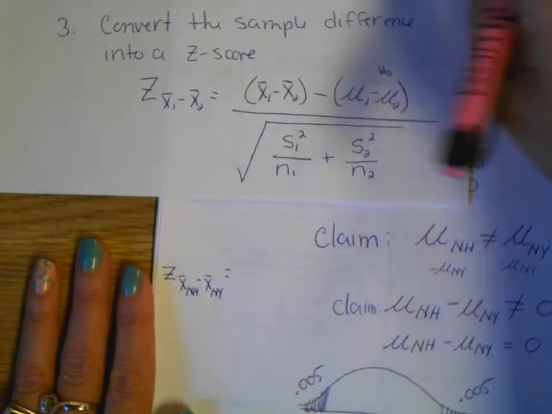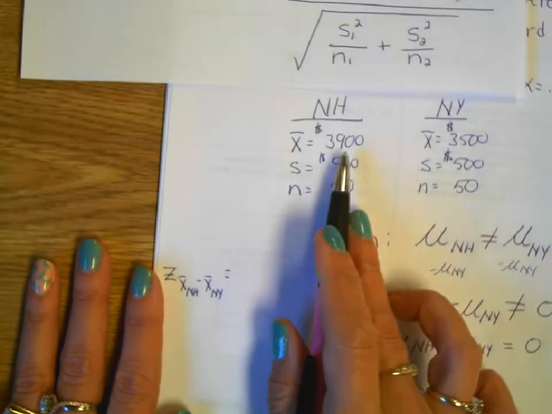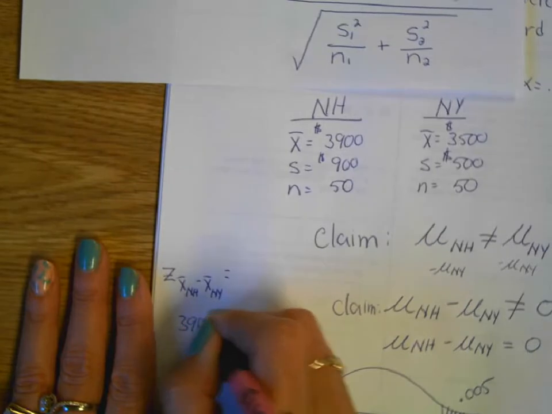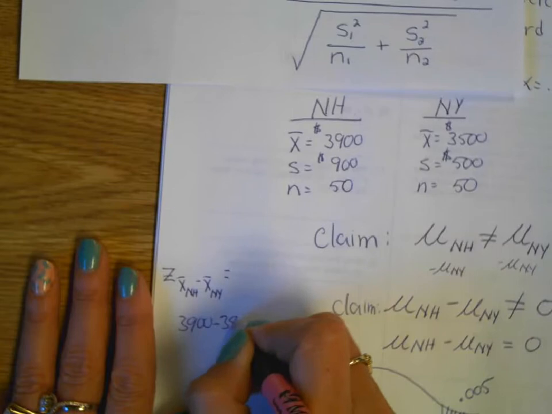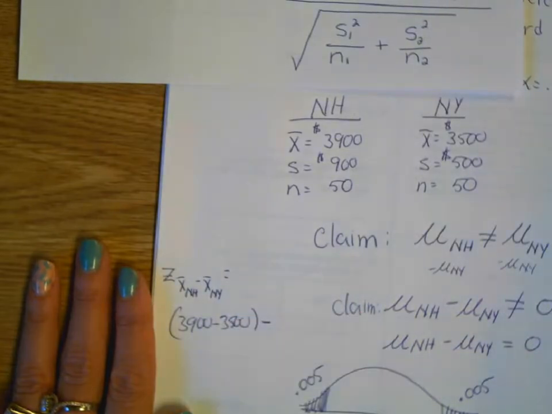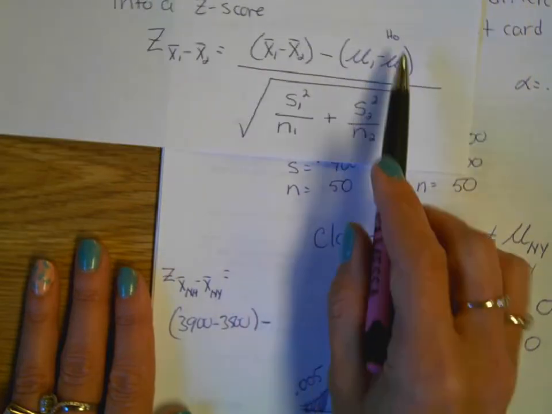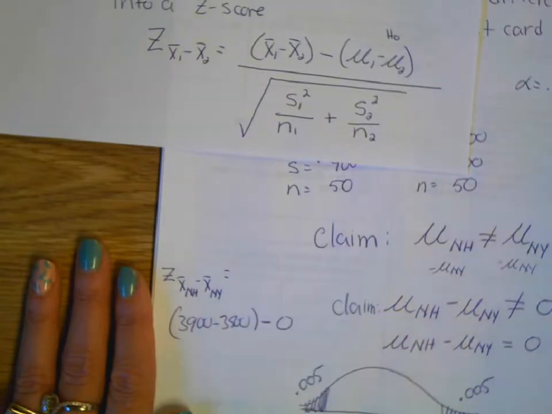So we go to the table. New Hampshire first. The average charge in New Hampshire, 3,900. New York, 3,500. The difference in the means from the whole, what are we saying the difference in the means is here? 0, so we're subtracting 0 over there.